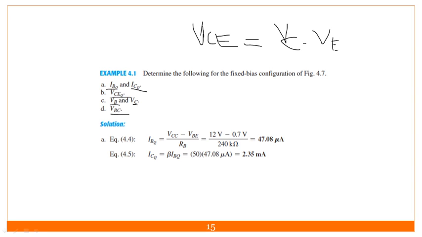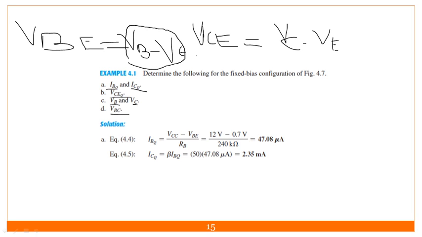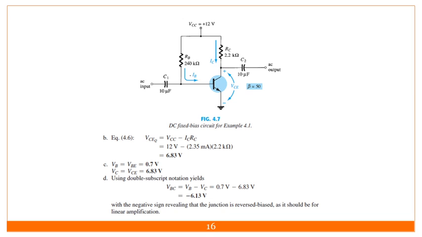If it is written like this, VBE, that is nothing but VB minus VE. These are my double subscript notations, VB and VC. From this we have to calculate the value of VC, VB and VCB. We will calculate this by using this circuit diagram.